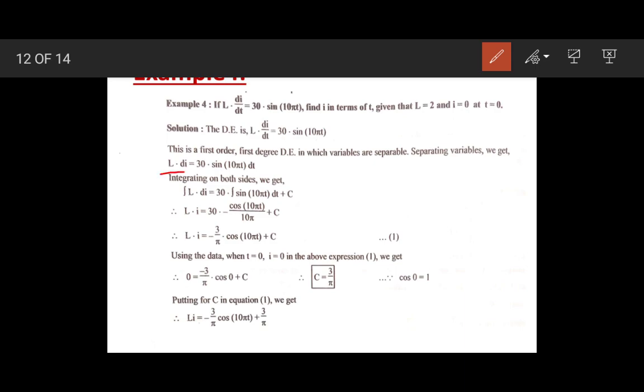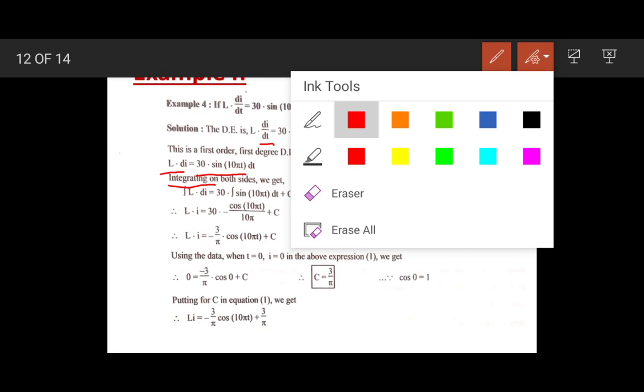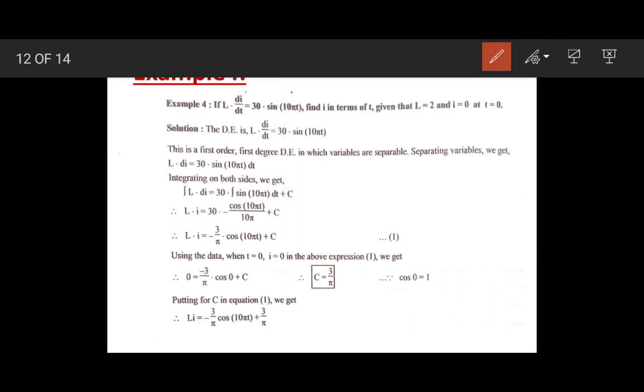So L di is equal to 30 sine 10 pi t into dt. I am taking this dt on the right hand side. So now as you can see, variables are separated. The next step is we are going to integrate both the sides. So by integrating both the sides, we get integral of L di is equal to 30 constant, integral of sine 10 pi t dt plus c.